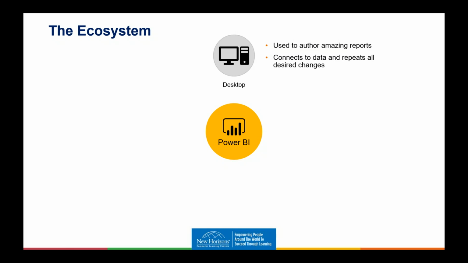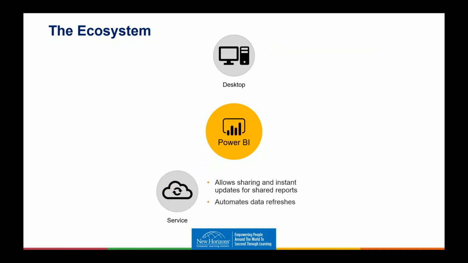Now, after you use Power BI Desktop to create your report, to craft the experience you're going to hand off to an executive or a customer or a coworker, then you publish that data to what is called the Power BI service. Now, Power BI service, what I refer to affectionately as Power BI Online, is the platform that allows us to handle the sharing piece.